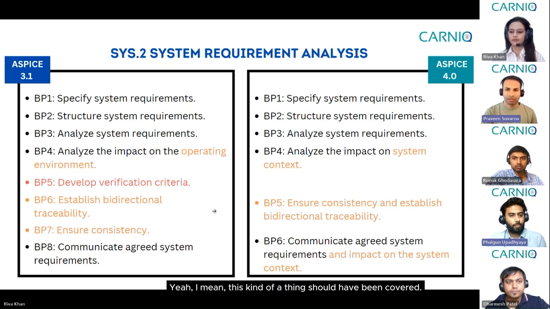Yeah, this kind of a thing should have been covered. That's my opinion, or at least the VDA guideline should address this kind of a thing. I don't know if the VDA guideline really addresses this particular part.